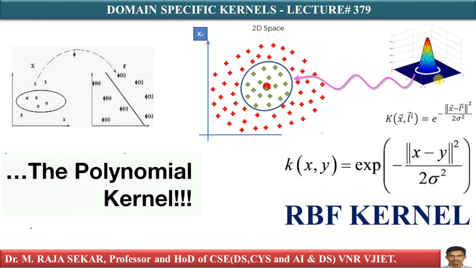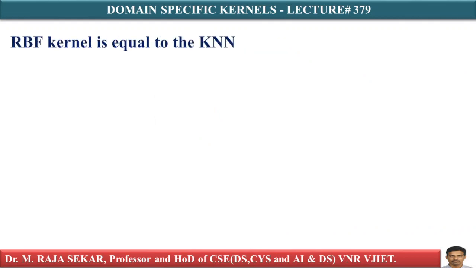In this lecture, we will try to understand domain specific kernels. Till now, we have seen polynomial kernels and RBF kernel, and we showed how RBF kernel is equal to the KNN, and hence it is a very nice general purpose kernel and very good for most tasks.